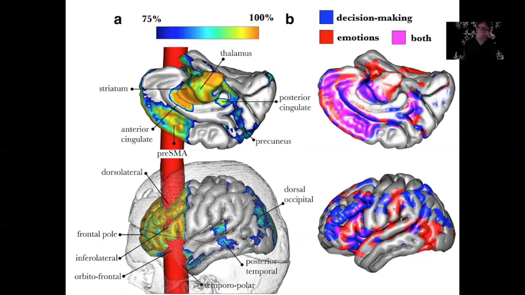And you have the illustration here with Phineas Gage, a red bar that is going through the frontal lobe, and this heat map that indicates the probability of disconnection of brain regions. You have it side by side with activation in the brain related to tasks involving decision making or the manipulation of emotion.